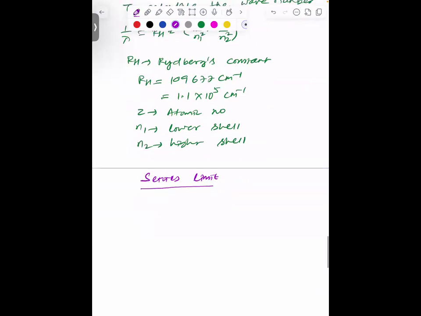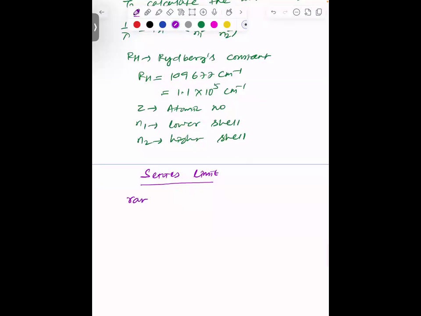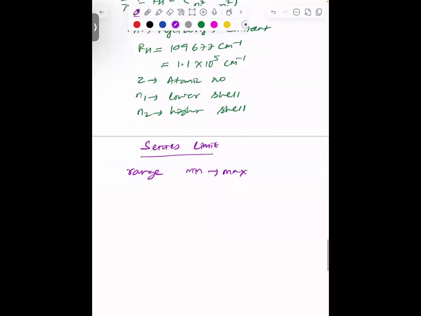Limit means it is the range. It is the range between the minimum to maximum. So if you see in the Lyman series, with respect to what do we calculate the series limit? We can calculate the series limit with respect to the energy or wavelength.